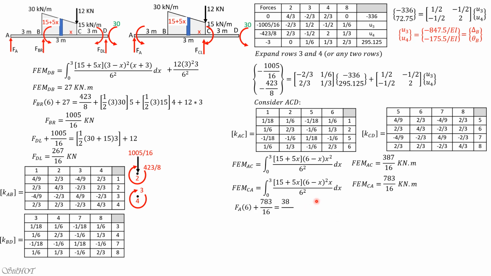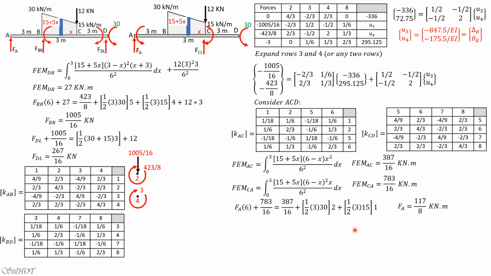Then summation of moments about C is 0: FA times 6 plus 783 over 16 equals 387 over 16 plus the moment of the first triangular load with high intensity 30, 1 half of 3 times 30, moment arm is 2 about C, plus 1 half of 3 times 15, moment arm is 1.